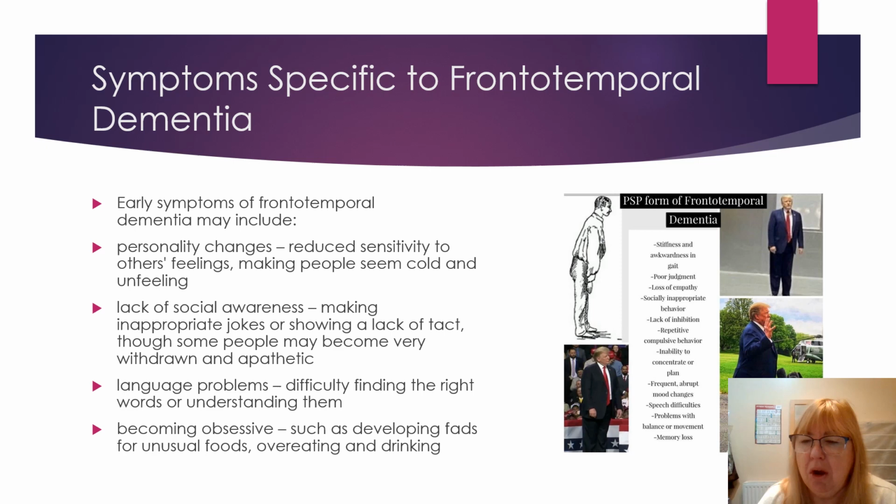They can come over as thoughtless, inconsiderate, self-obsessed, that sort of thing. Lack of social awareness, so they can be inappropriate. They make jokes which might offend other people, or they could be not very tactful. They could speak out when they shouldn't, call someone fat or ugly or something like that. Or another option is they could be quite withdrawn and apathetic, disinterested in things as well.